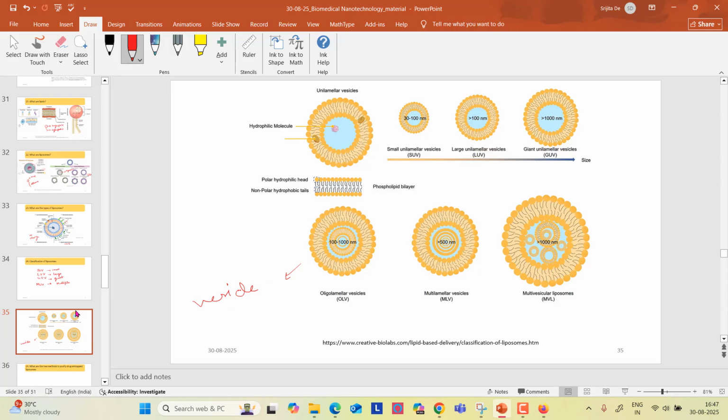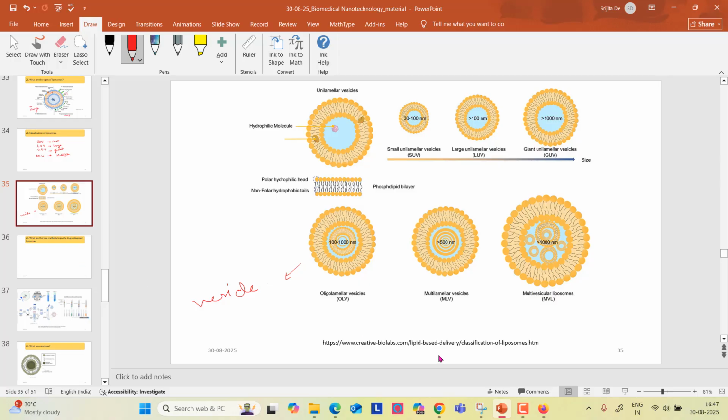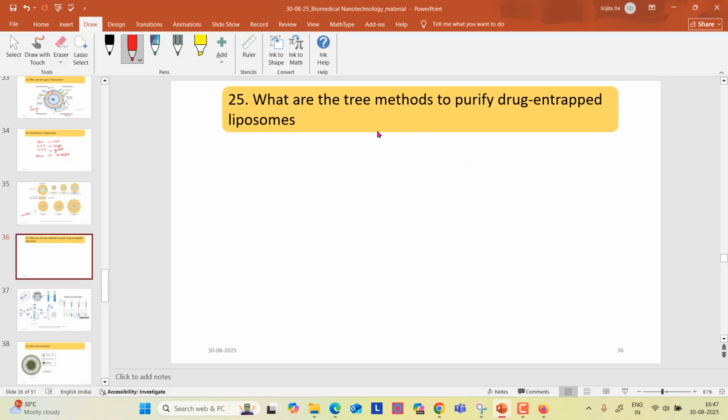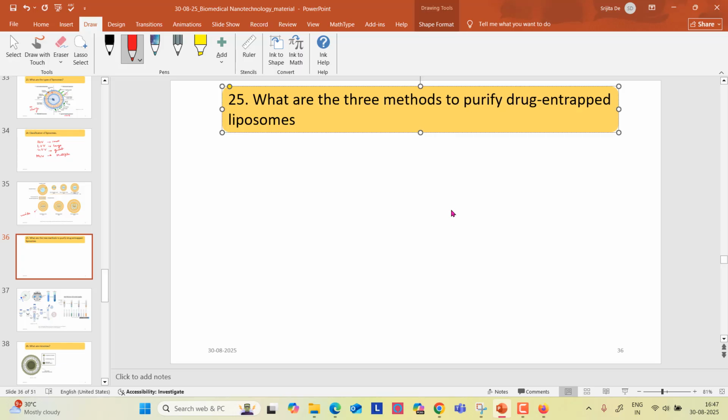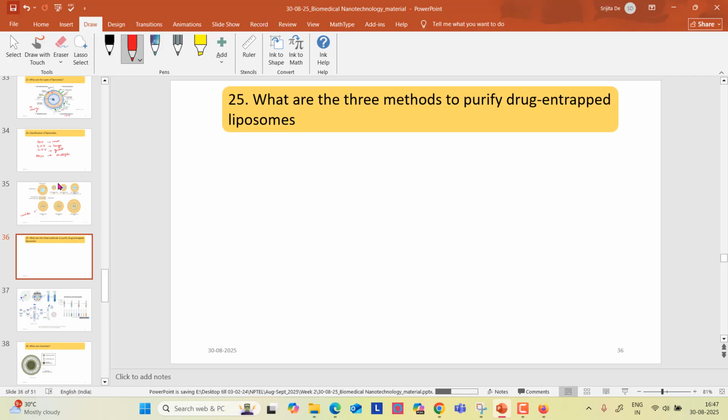Okay. Next is, what are the three methods to purify drug-entrapped liposomes?